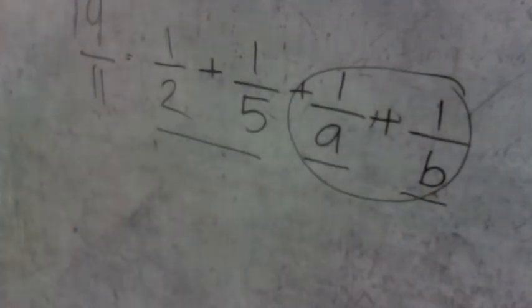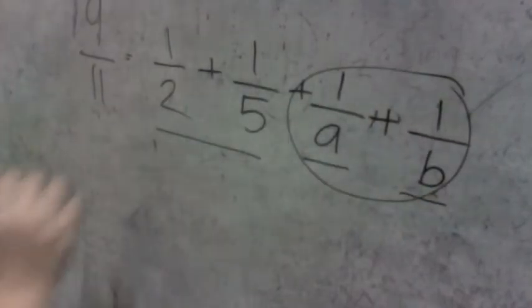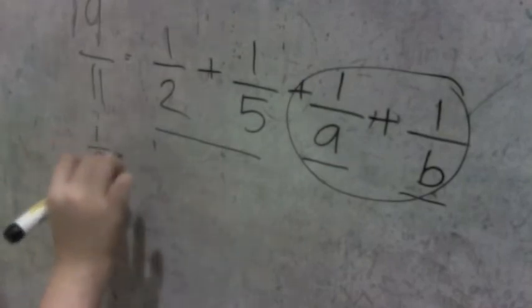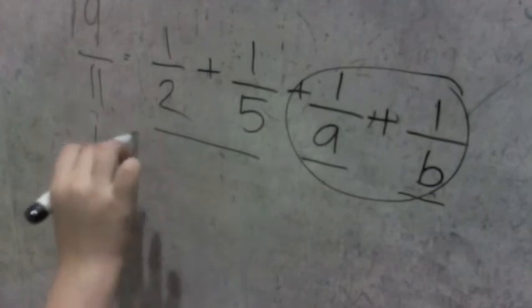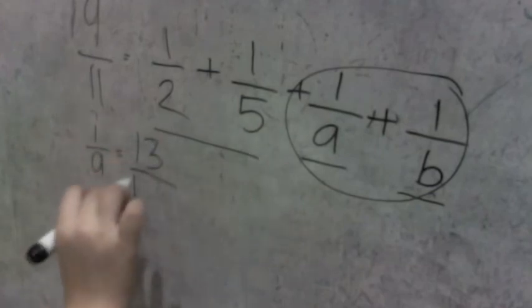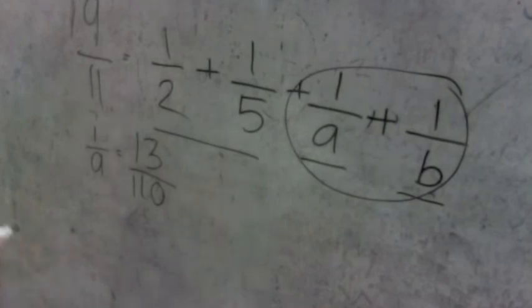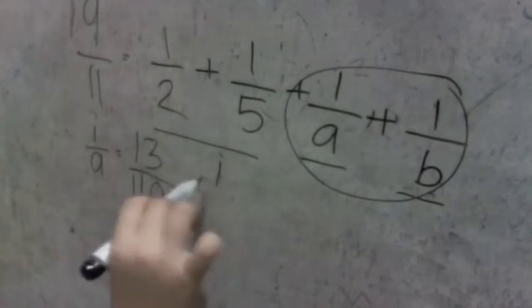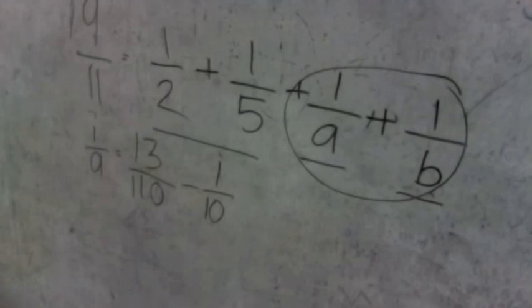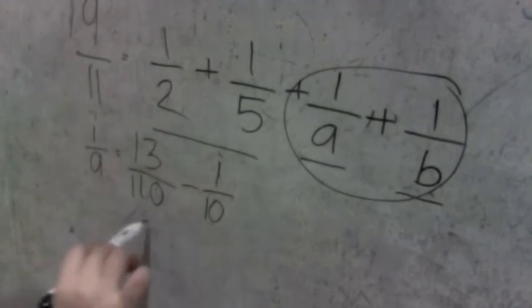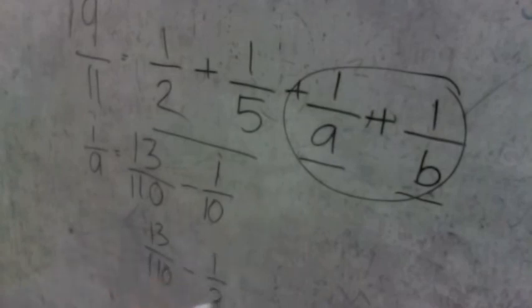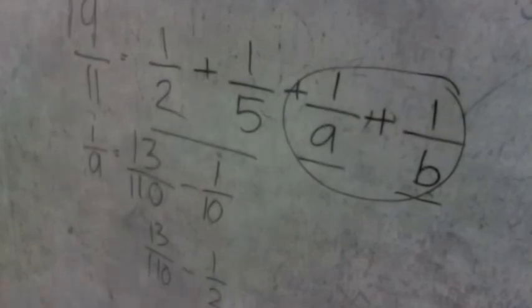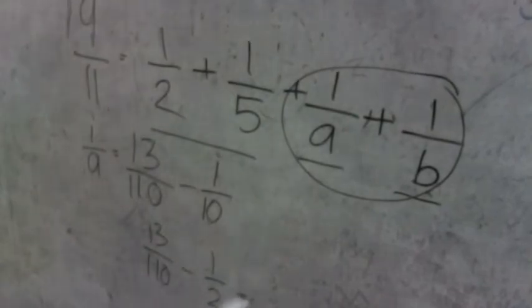So to find 1 over a, I'm going to write this here. We're going to need the last fraction, which is 13 over 110, and subtract it with 1 over 10. Well, we could probably try with this, so you guys will understand why I won't use 1 over 2.